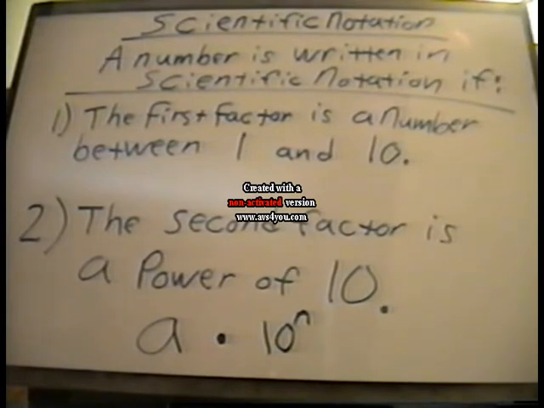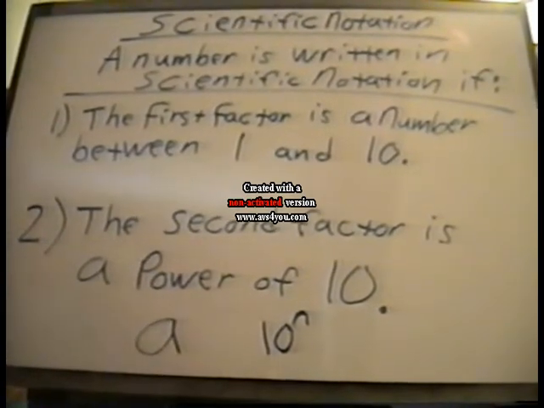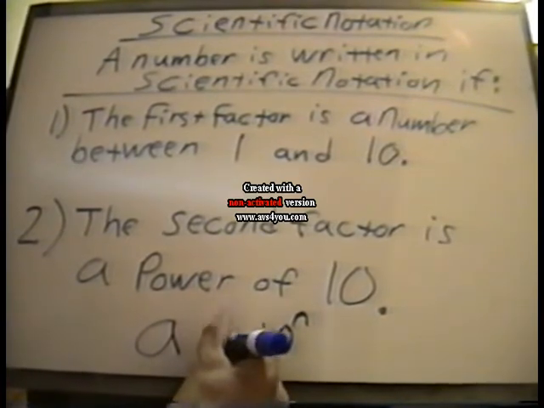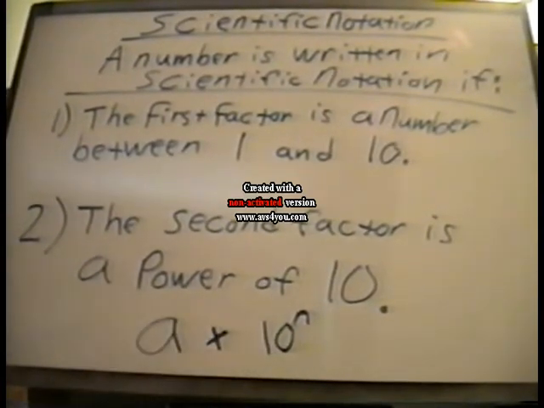We usually use an x for multiplication when writing in scientific notation. I don't like to use x's for multiplication because we confuse them for variables, but it's a custom when we're using scientific notation.